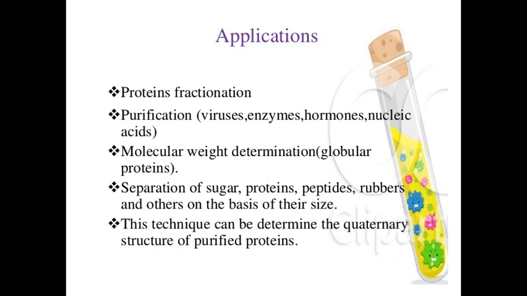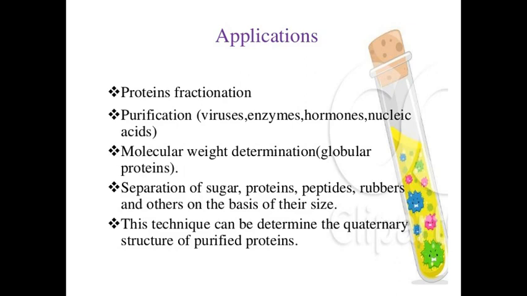Gel filtration chromatography is mostly utilized for protein fractionation. If you want to fractionate a protein sample, you can use gel filtration chromatography. This technique is utilized to purify viruses, enzymes, hormones, and nucleic acids from mixtures. For molecular weight determination, if you have a globular protein in your sample and you have to determine the molecular weight of that protein, you can perform gel filtration chromatography.